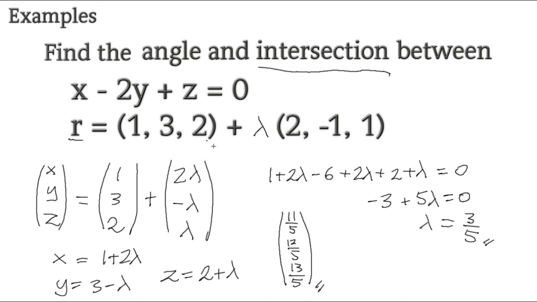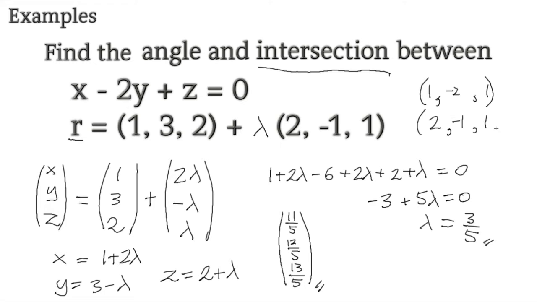To find the angle, you want to find the plane's normal vector, which can be read straight off as (1, -2, 1). And we know the direction vector is (2, -1, 1).